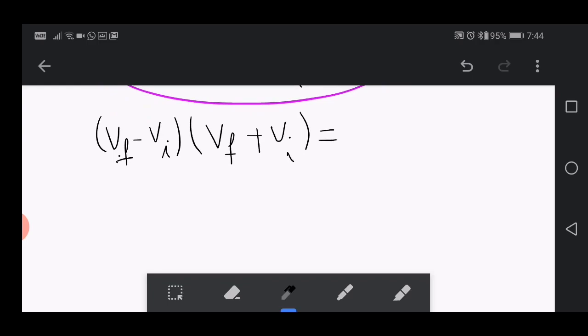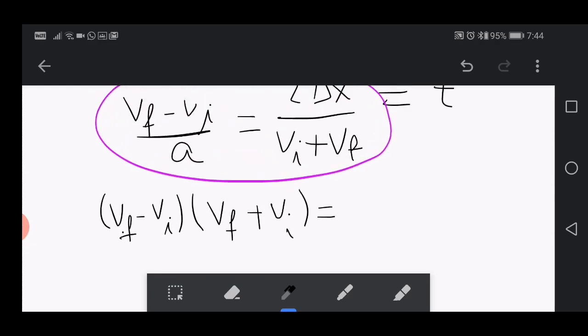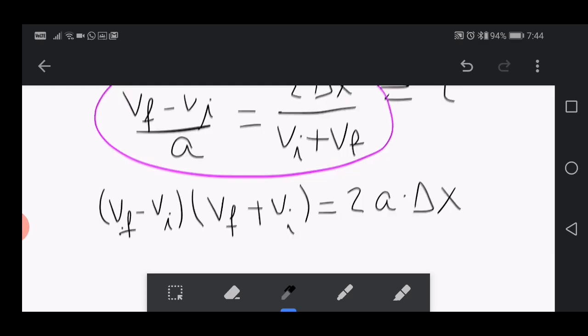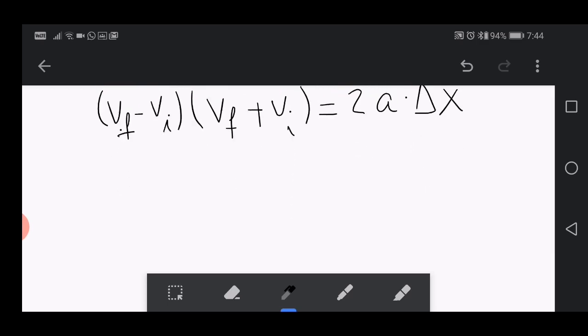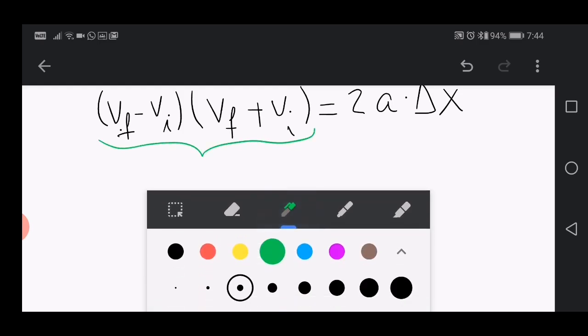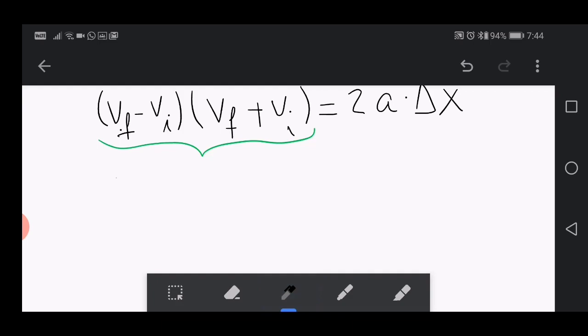And on the other side, you can multiply times the acceleration. It's customary to write this in alphabetical order, so twice the acceleration times the displacement. This that you have here is called the difference of squares, and so you have final velocity squared minus initial velocity squared is equal to twice the acceleration times the displacement.